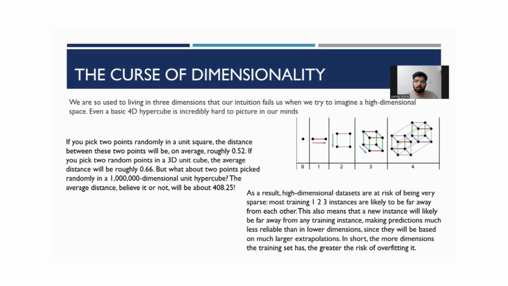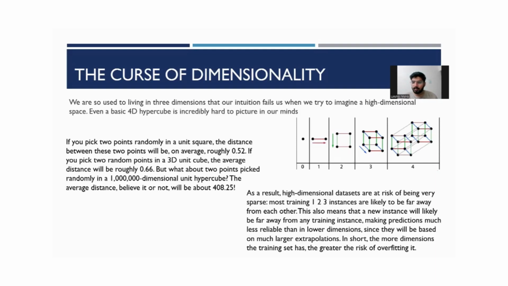If we pick two random points in a 3D unit cube, the average distance would be 0.66. But what about 2 points picked randomly in a million dimensional hypercube? The average distance comes out to be 408.25.